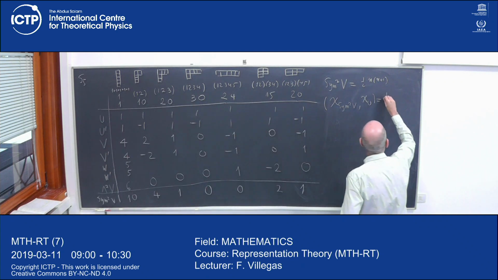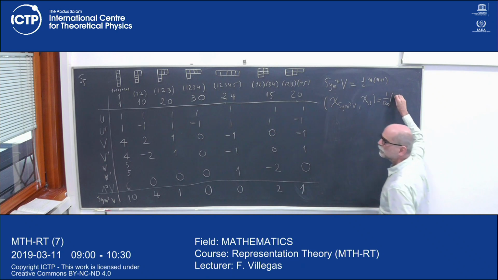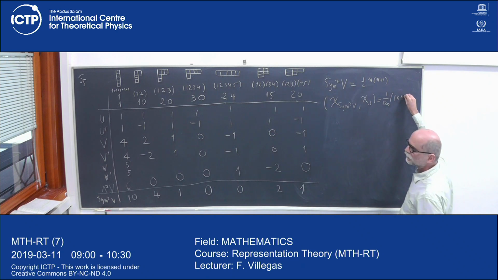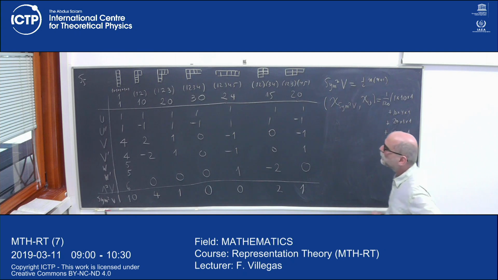So this is 120 divided by 1 times 10 times 1, and then 10 times 4 times 1, 20 times 1 times 1, plus 15 times 2 times 1, plus 20 times 1 times 1.